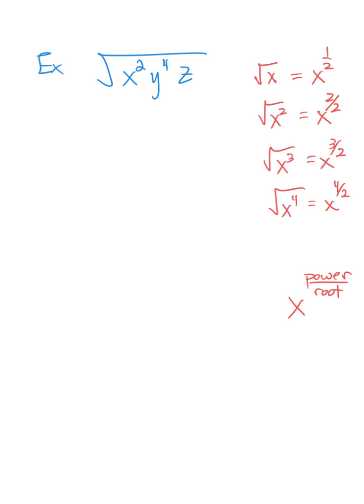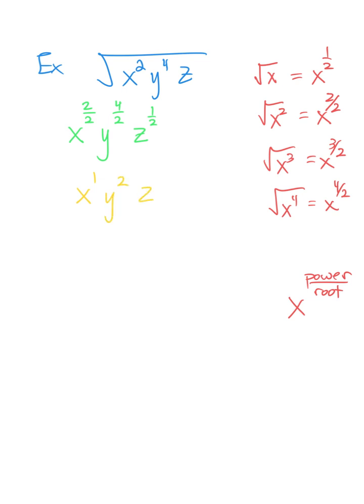So when I do that here, I now have x to the 2 over 2. I have y to the 4 over 2. And then I have z to the 1/2. So now I'm going to simplify those fractions. So this is just x to the power of 1, or x. This is y squared.